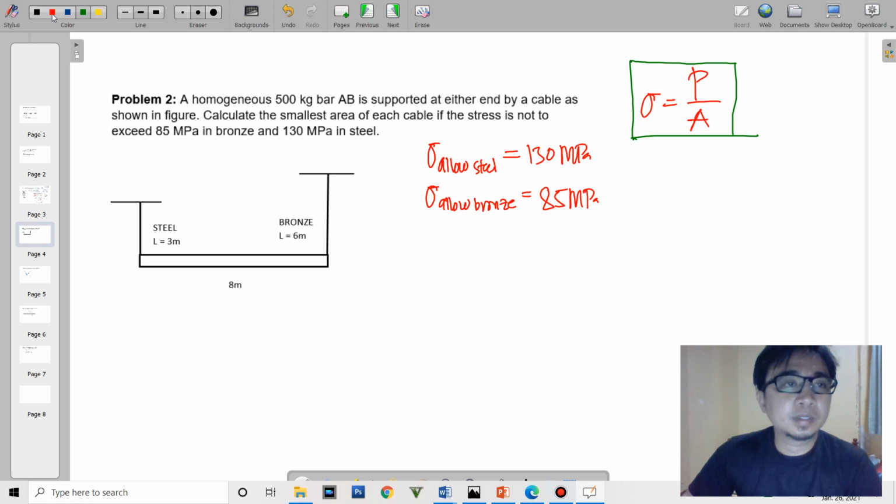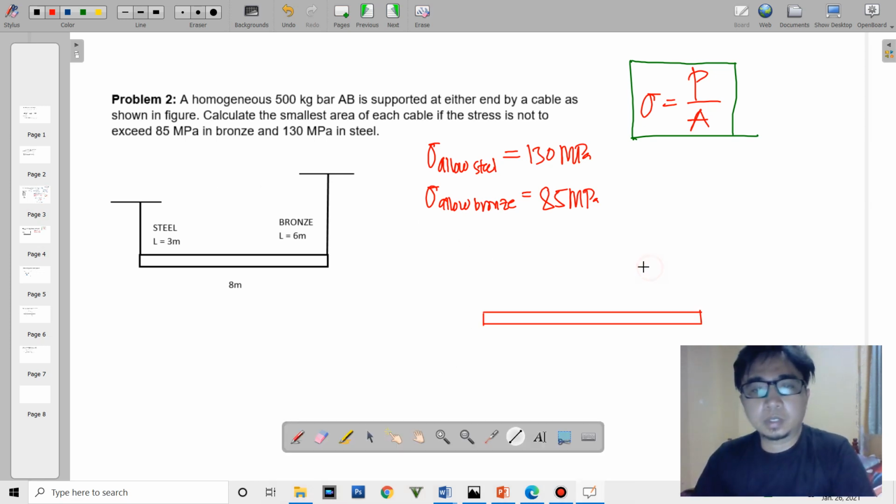Of course, as usual, we are going to have a free body diagram. This bar has a weight, and the location of the weight is at the centroid, or the mid of 8 meters. Say this is the force, and that is 500 kilogram.